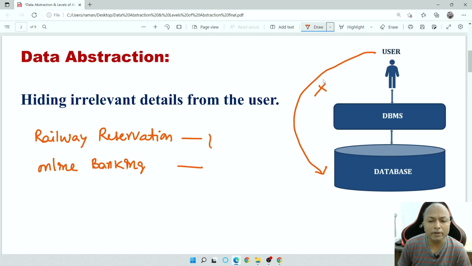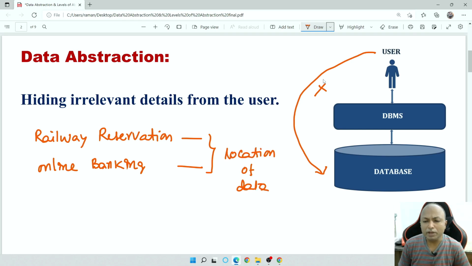Here also you do some transaction through online banking, but you don't know where the changes happened in the database. As a user, you are unaware of where the actual database is stored and what data structures they used. That means the user is unaware of the location of data.